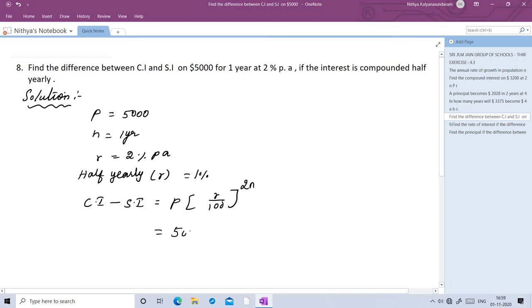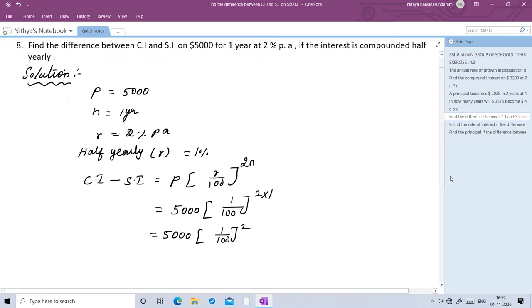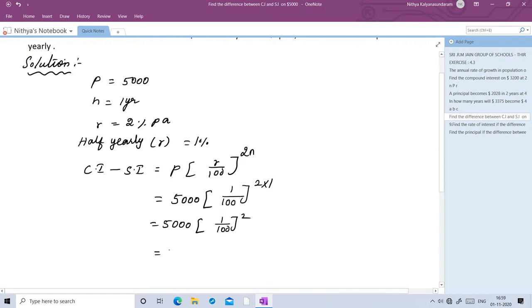Principal is 5,000, r is 1 for half yearly, so 1 by 100 whole power 2 into 1. 5,000 into 1 by 100 into 1 by 100. 2 zeros we can cancel.